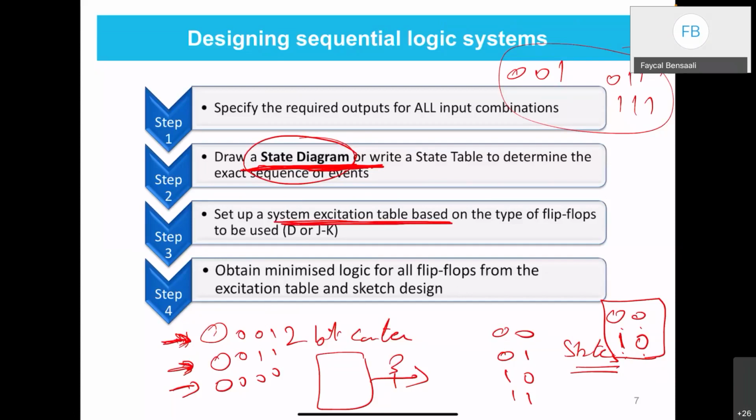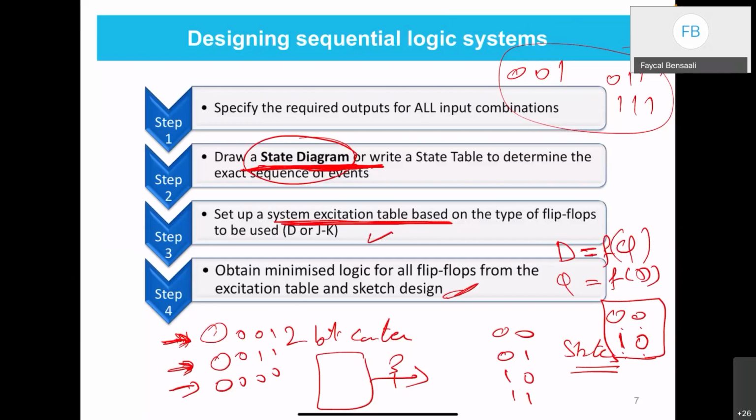And then once you do the excitation table, we will use it as a truth table to find out the combinatorial logic. And in the combinatorial logic, we will try to find what is D as a function of Q. So it's not finding what is Q as a function of D. Do you understand?